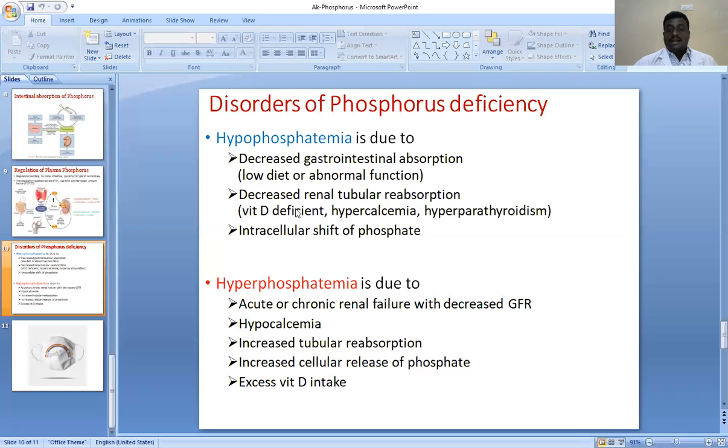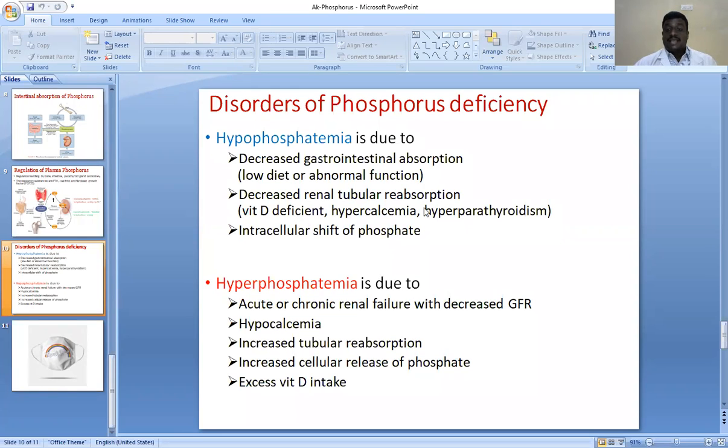Next one is decreased renal tubular reabsorption. Renal tubular reabsorption of the phosphate mainly depends on vitamin D3. So whenever vitamin D3 is deficient, the reabsorption of the phosphate is greatly reduced and the phosphate excretion is increased.